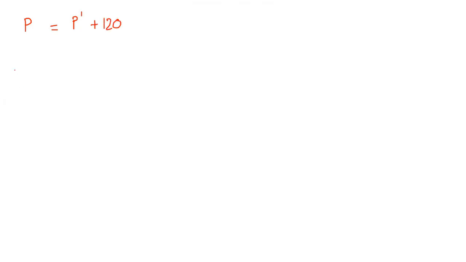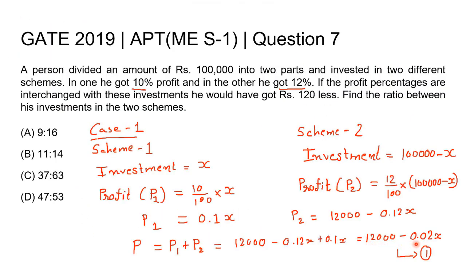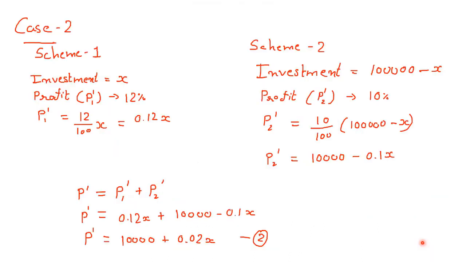We can substitute the values of P and P dash and solve the equation to get the value of X. So therefore, we know that P is equal to 12,000 minus 0.02 X, and P dash is equal to 10,000 plus 0.02 X.